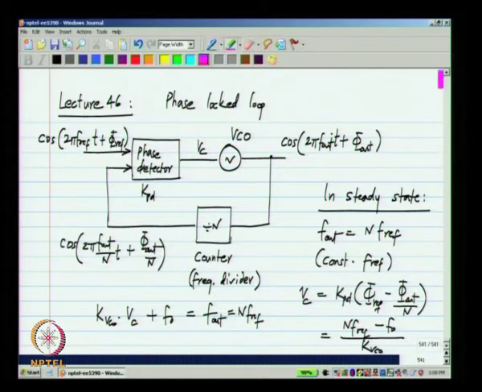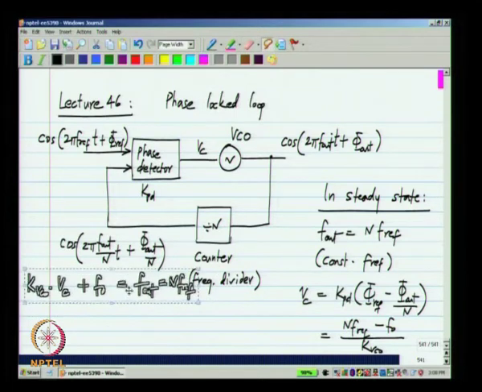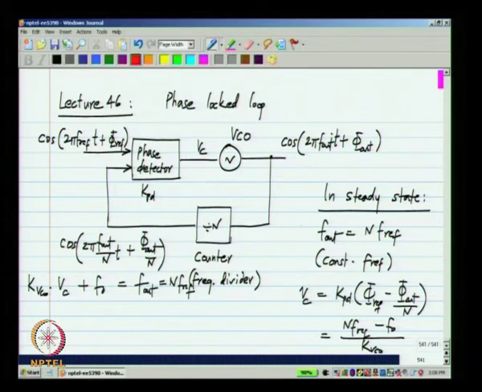Basically this Vc will cause the output frequency of the VCO to deviate from the free running frequency. So, Vc will be equal to the deviation from the free running frequency, n f ref minus f naught, divided by the VCO gain. And this you can consider to be the operating point of this phase lock loop.